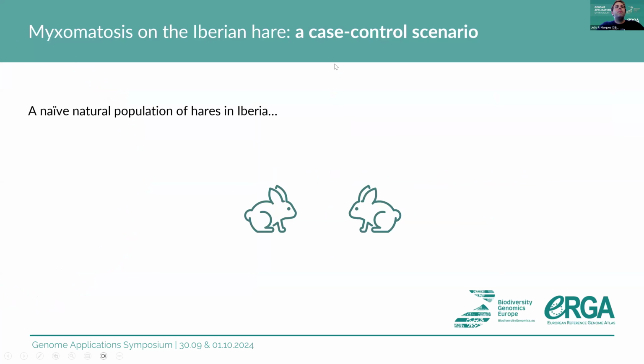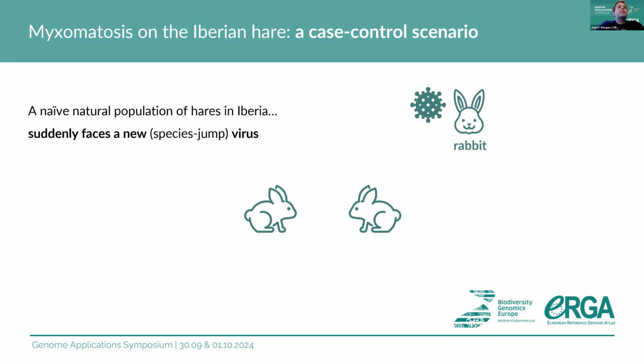So very briefly, our case study is about myxomatosis, a virus, in the Iberian hare. In the beginning it was clearly, for us at least, a case control scenario, and I will explain why. We have an original naive natural population of hares in Iberia that suddenly faced a new virus.